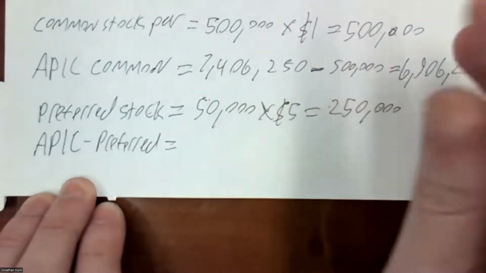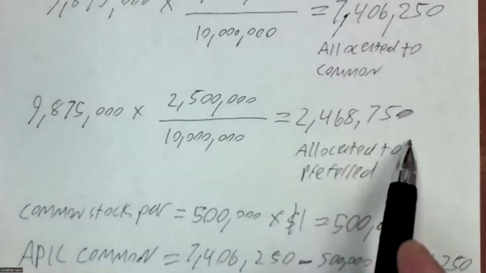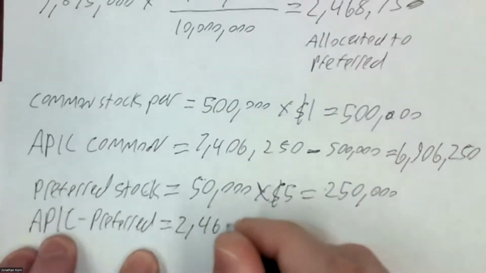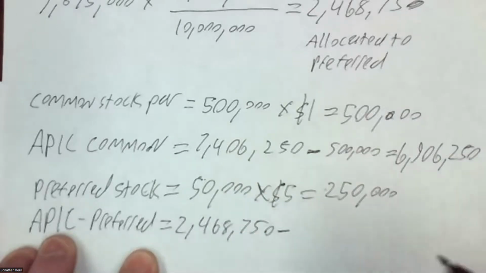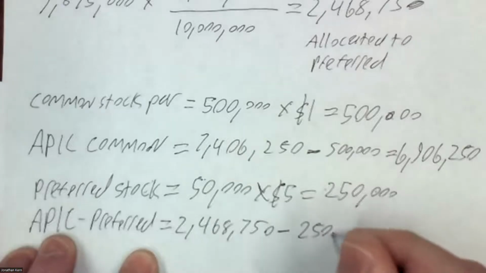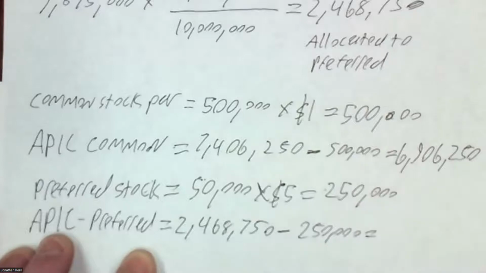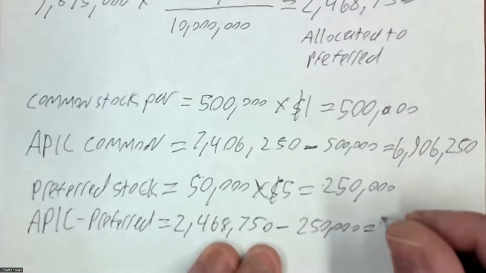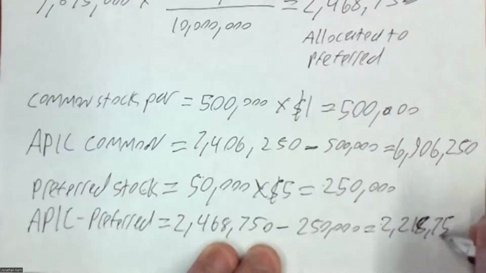That will equal the $2,468,750 minus the $250,000 that we put to the preferred stock account. That will give us $2,218,750.